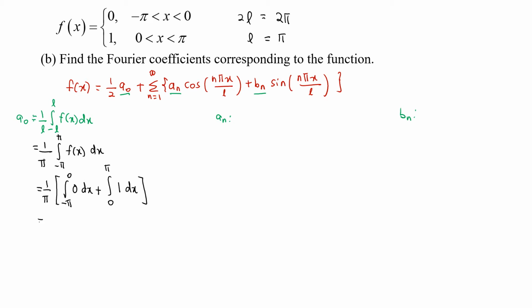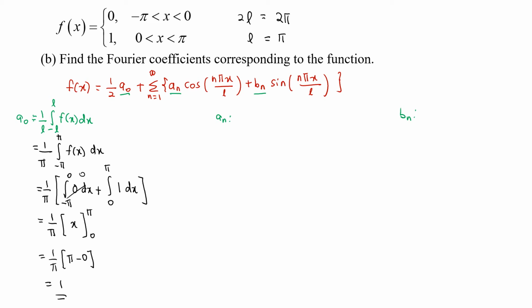Now we can solve this integration, where this will be 0 and the remaining will be 1. The integration of 1 will be x, where the interval is from 0 up to pi. Then substituting the interval for x, we get pi minus 0. So the value of a naught is equal to 1.